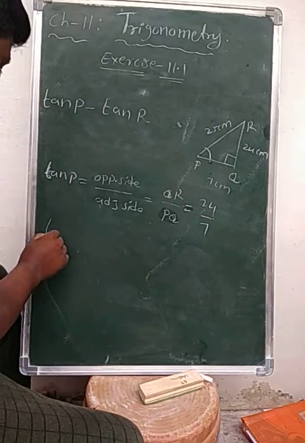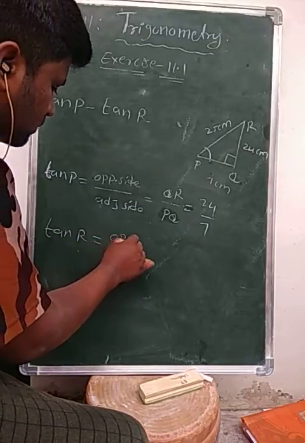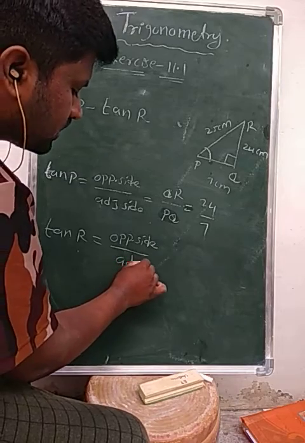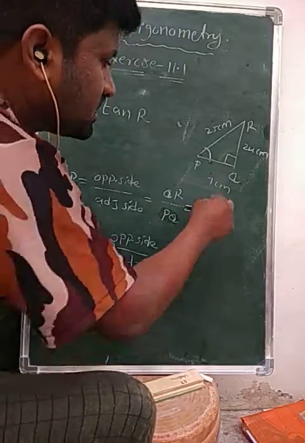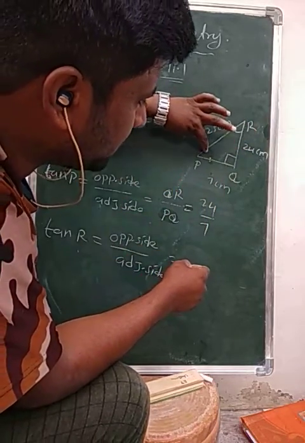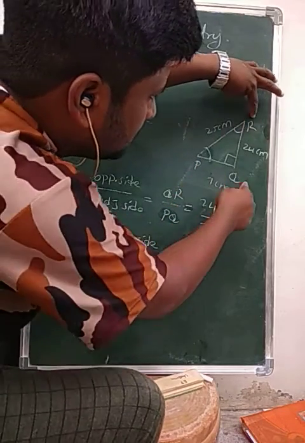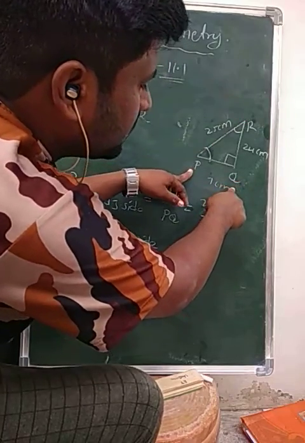And in the same way, tan R in the tan ratio is the length of the opposite side by the length of the adjacent side. This time we are considering angle R; just now we considered angle P. For angle P, QR is the opposite side and PQ is the adjacent side.